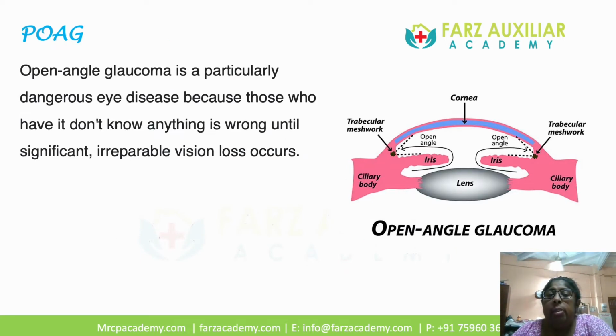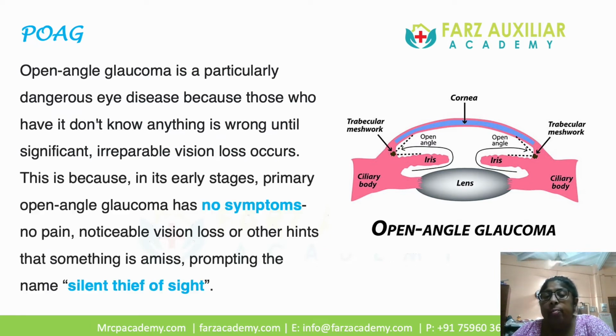Open-angle glaucoma is a particularly dangerous eye disease because those who have it don't know anything is wrong until significant irreparable vision loss occurs. This is because in its early stages, POAG has no symptoms, no pain, noticeable vision loss, or other hints that something is amiss, prompting the name silent thief of sight.